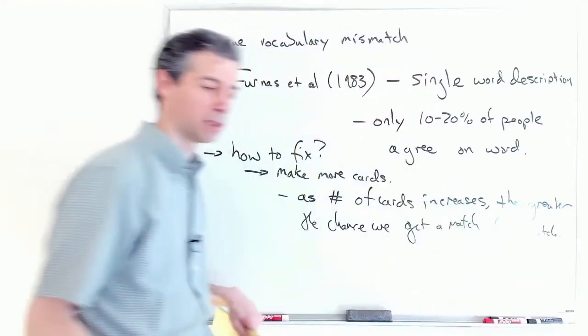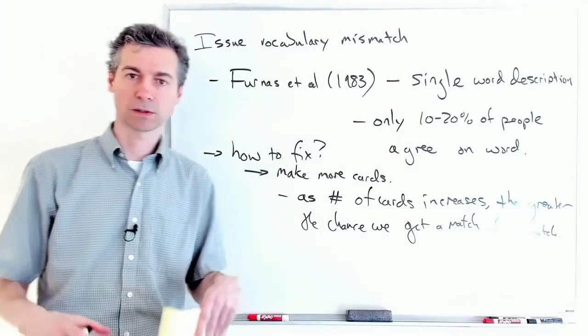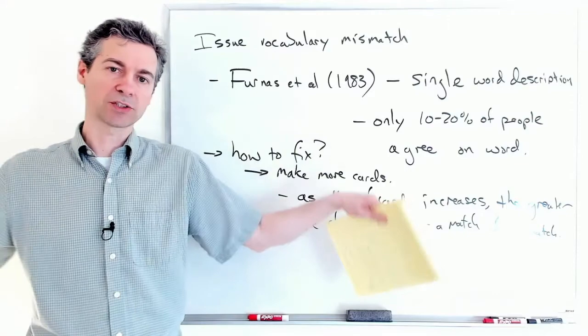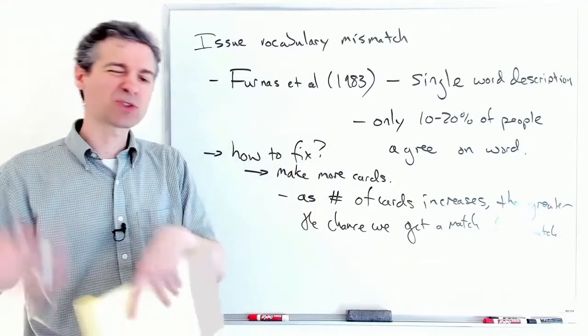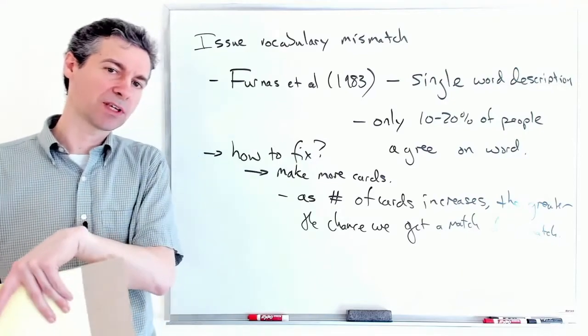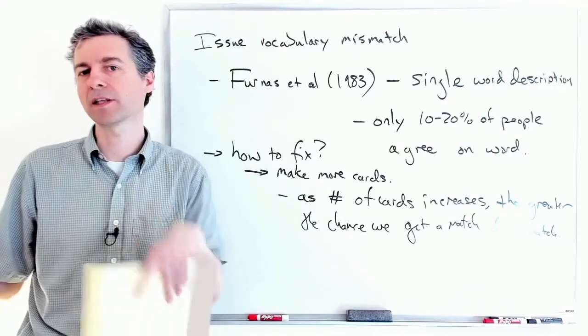So the librarian makes a bunch of subject cards, and maybe the book is only slightly about this thing. It's one of the items, but it's only slightly about it.